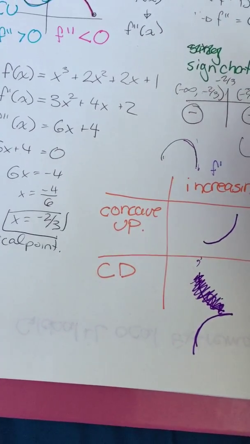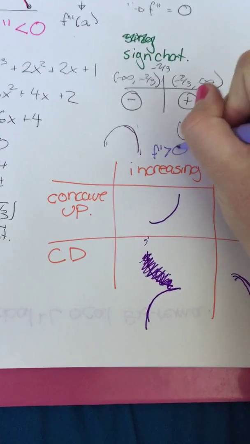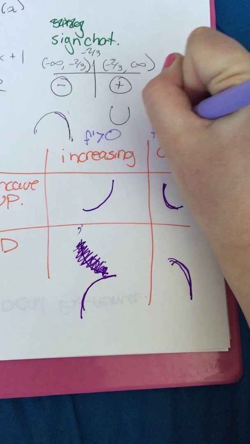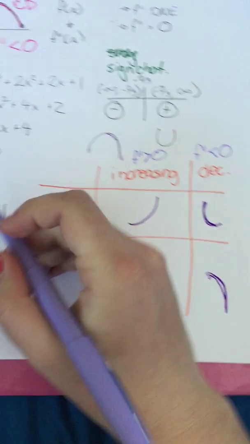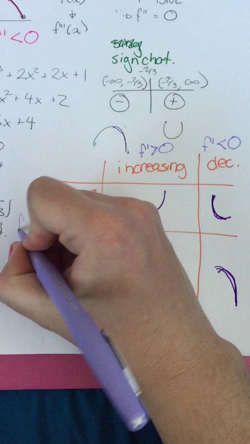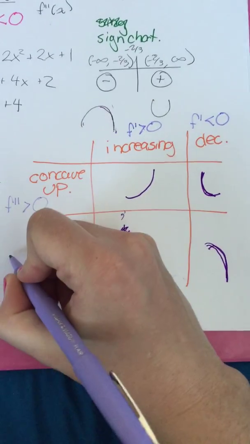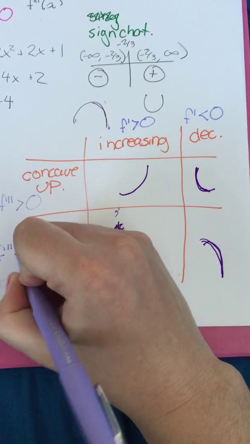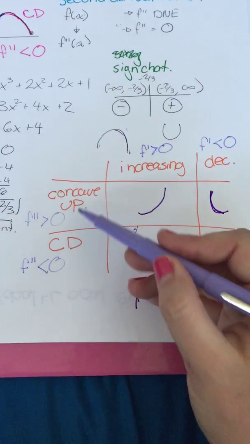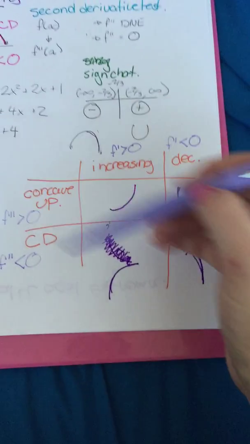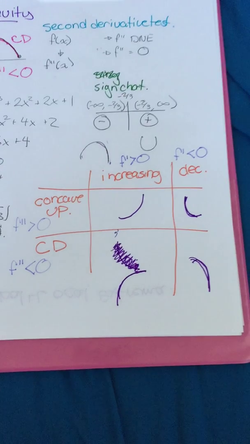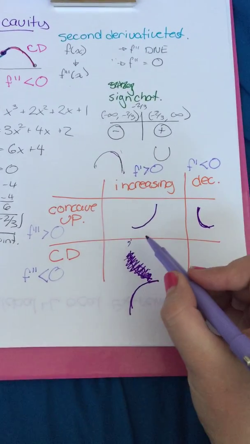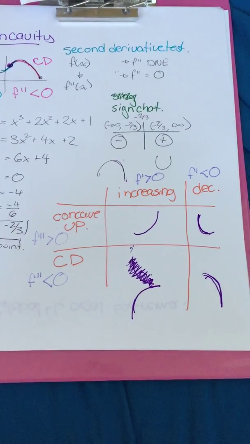Increasing is f prime greater than 0. Decreasing is f prime less than 0. Concave up is f double prime greater than 0. And concave down is f double prime less than 0. So with these 4 pieces of information, you can construct an entire function just by piecing these little bits together.